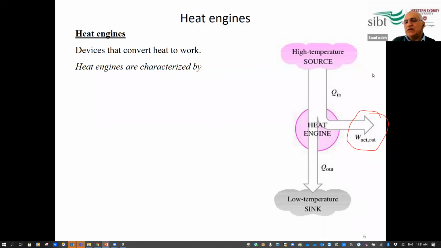So what we are actually doing in the heat engines is providing a heat source. It could be any type of heat source. So let's say in the vehicle engine, what's the heat source?